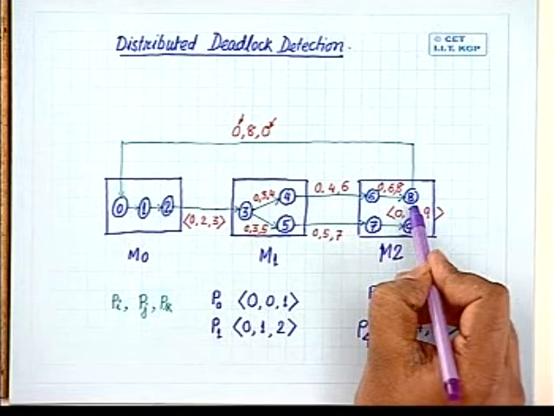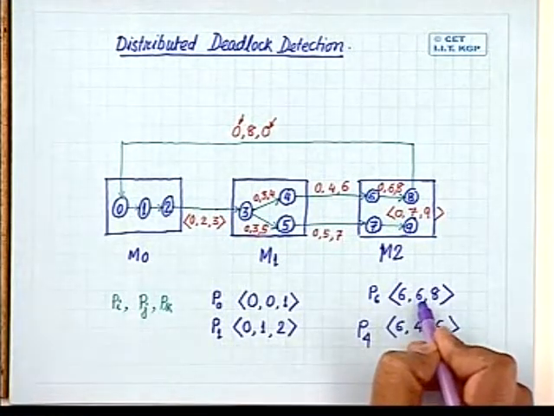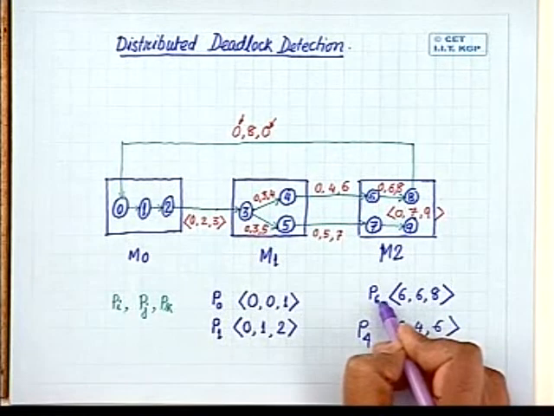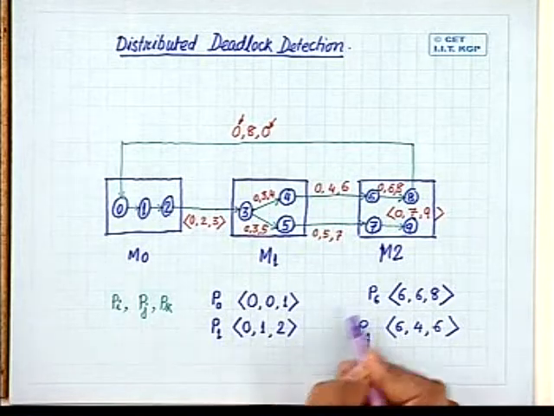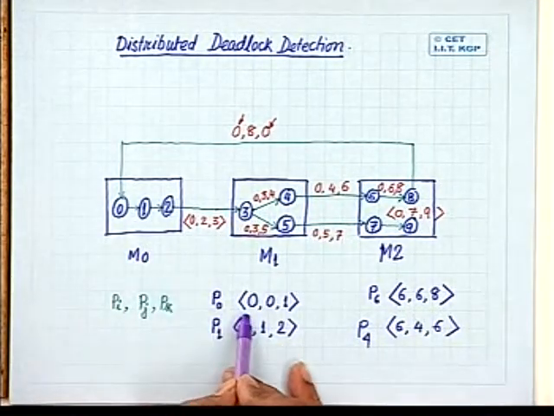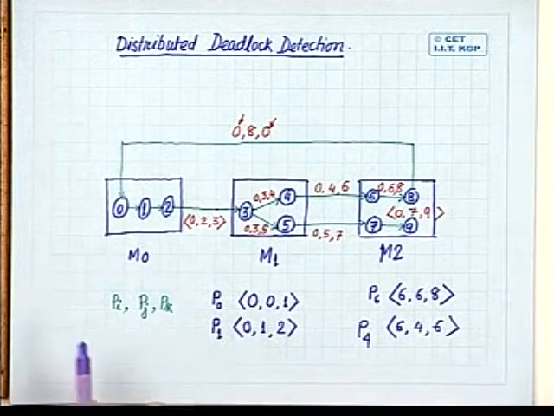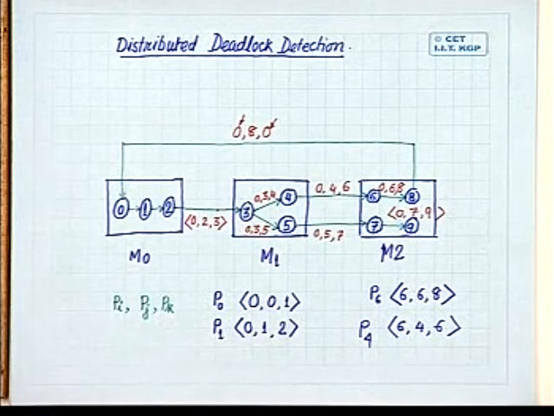Okay. What advantage do you get? Come to process 6. Process 6 generates this message. Along with that, one such list will be generated. The list in this case will be the same as the list generated for the message generated by process P0, because it is the same set of processes through which both the messages are being passed.